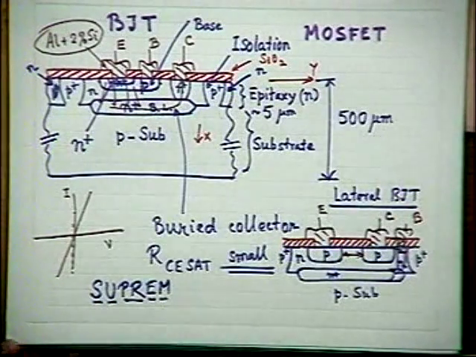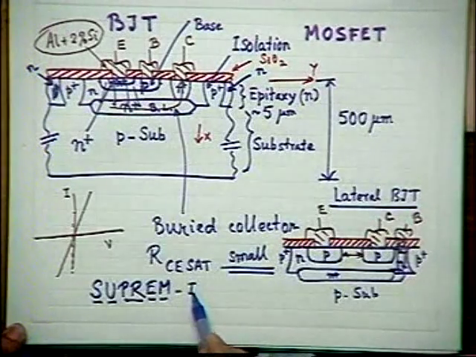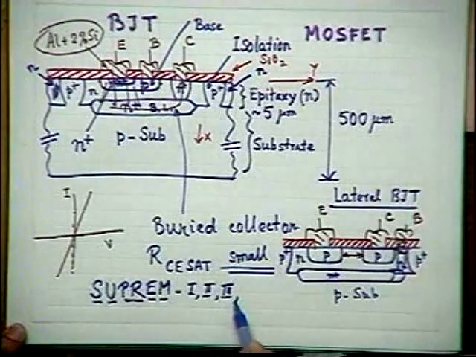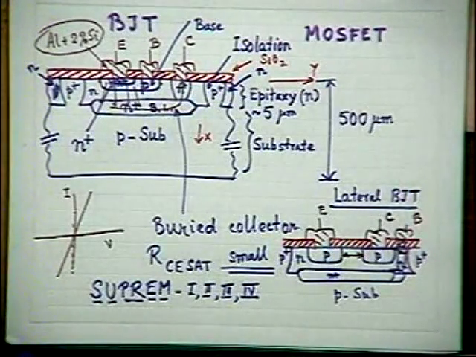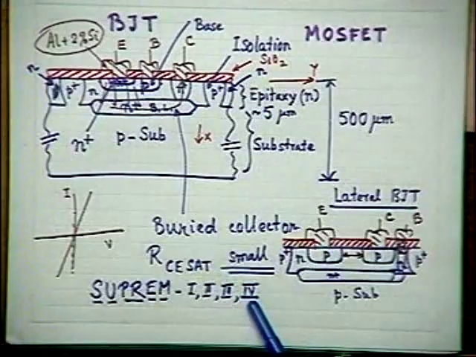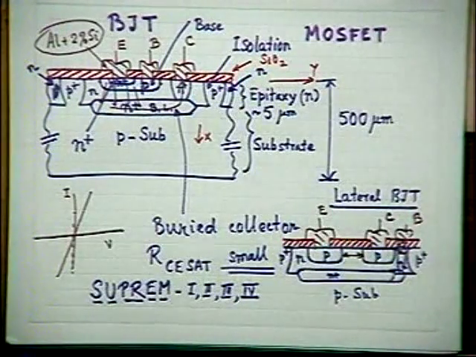There is a series of versions available, starting with 1, 2, 3, and now SUPREM 4. Initially the models gave one-dimensional distributions, and nowadays they give two-dimensional distributions also for multi-layer structures. Very complicated things have come up.